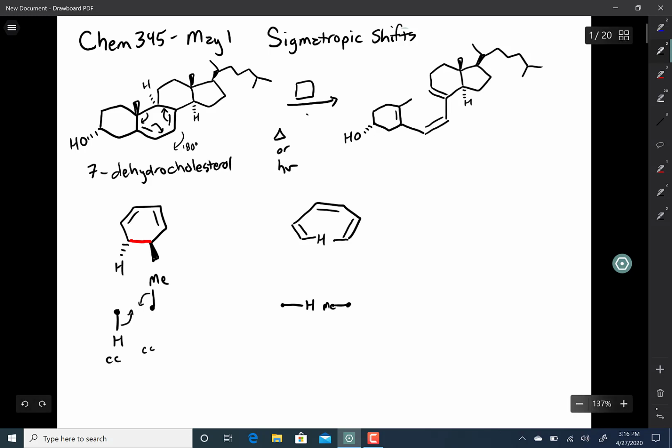They're both going the same direction, counterclockwise, counterclockwise. It's a conrotation. Excuse me on that. And since it's a conrotation, we're going to bring up the Woodward-Hoffmann rules. 4n plus 2, heat, light.